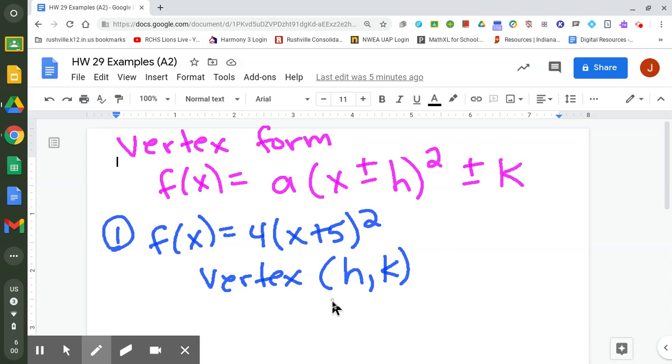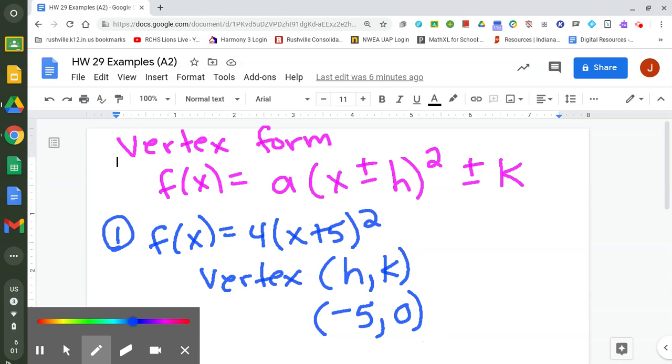So the vertex for mine is, and I have to take the opposite of what's in the parentheses, so -5, and then there is no number outside of my parentheses. So my vertex is (-5, 0). So that is what I would put in the blank for my vertex.